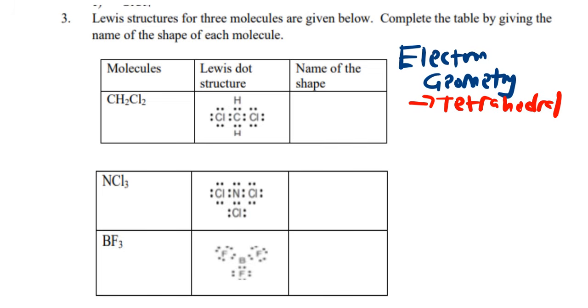What about the molecular shape? It also looks tetrahedral. So the name of the shape would be tetrahedral, the way the molecule looks. Then we've got nitrogen trichloride.